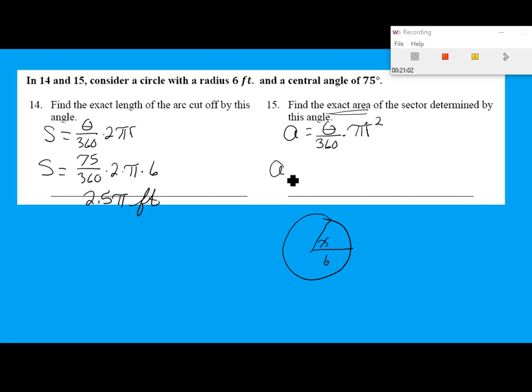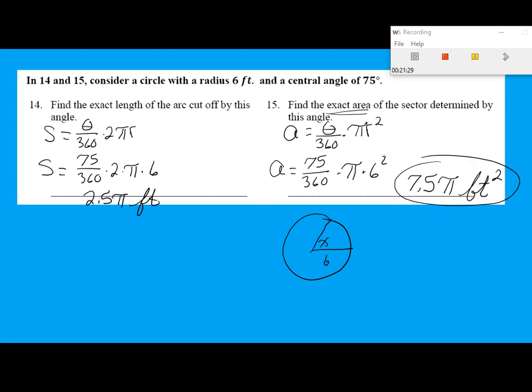The area of this arc is going to be 75 over 360 times pi times 6 squared. Once again, type everything through your calculator except for the pi. If you go 75 divided by 360 times 6 squared, you're going to get 7.5. Put your pi with it, that way it's exact. Add your units of feet squared, and then we got it.